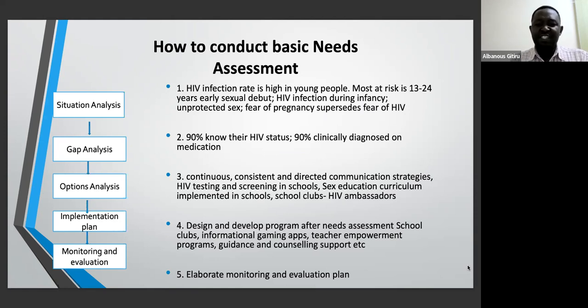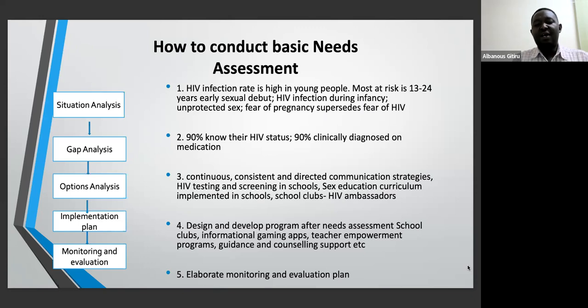Also, having HIV testing and screening in schools, because these are the school-going age. Sex education curriculum being implemented in schools, and having school HIV clubs and HIV ambassadors. Those are the options that I feel can help me in meeting the goal that I had set out.